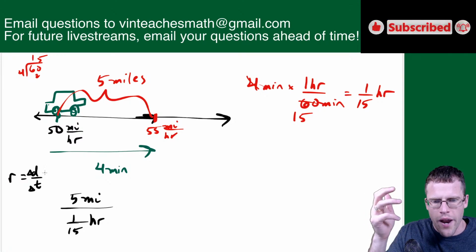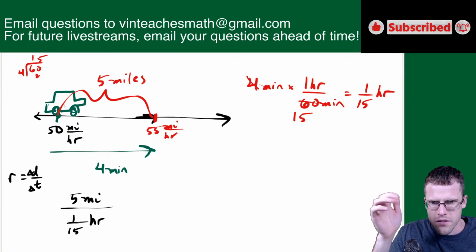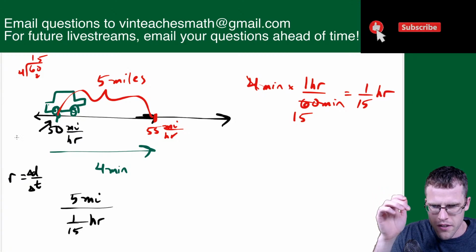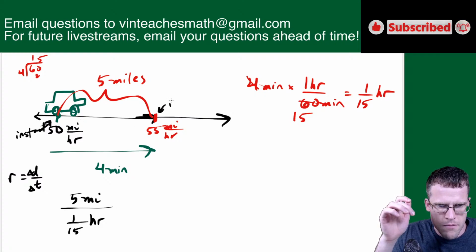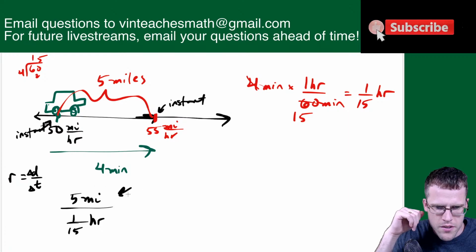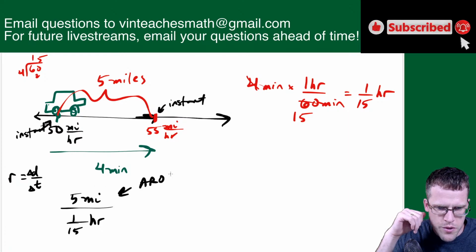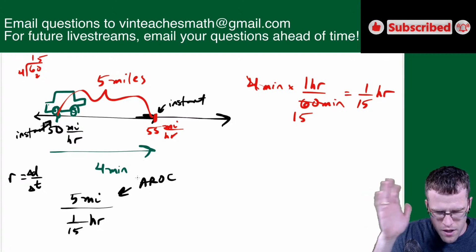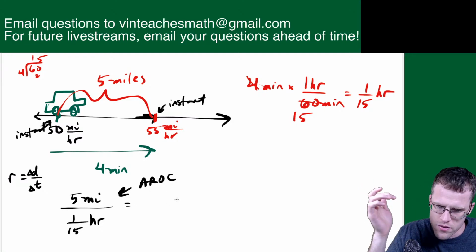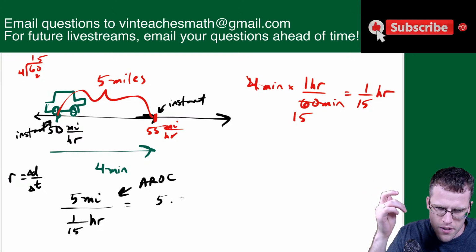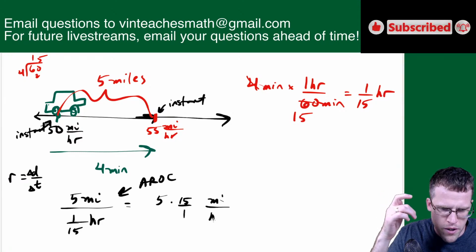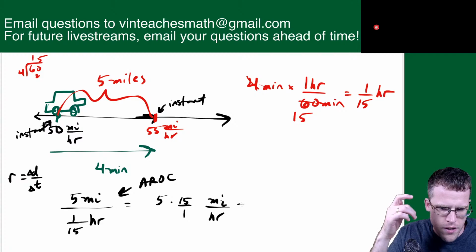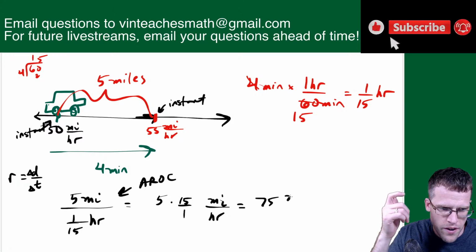So this is your average rate, not instantaneous. The average rate of change, which we could abbreviate with AROC. Okay, so now just do the math. This is 5 times 15 over 1 if you keep change flip, miles per hour. And this is equal to 75 miles per hour.